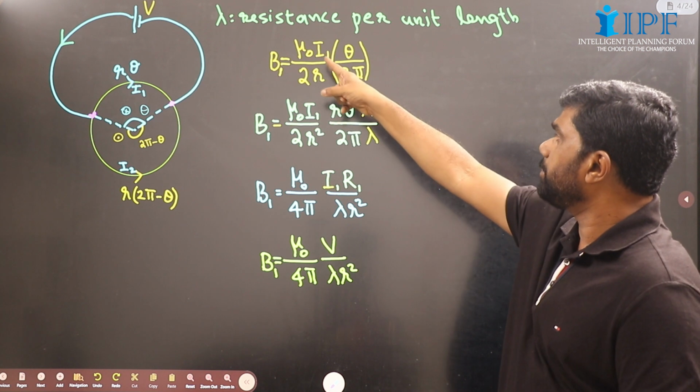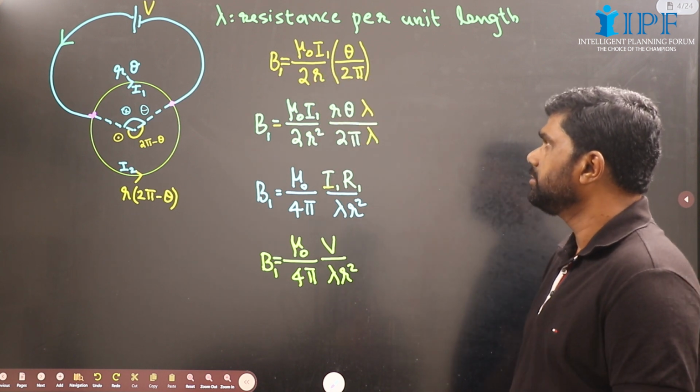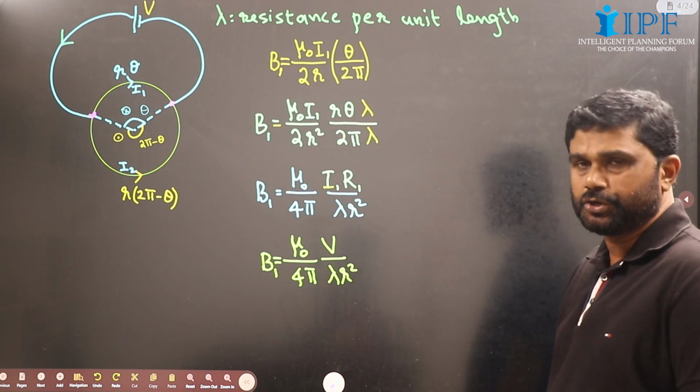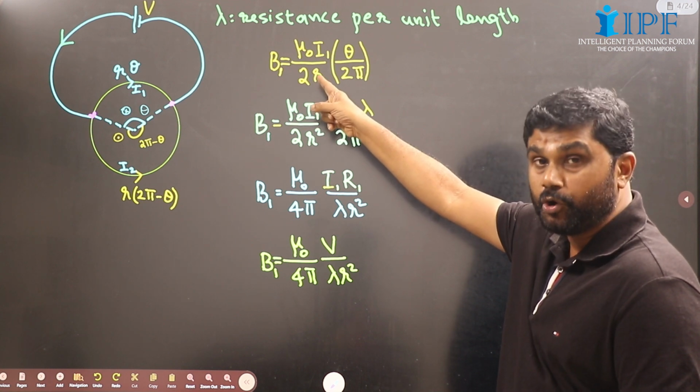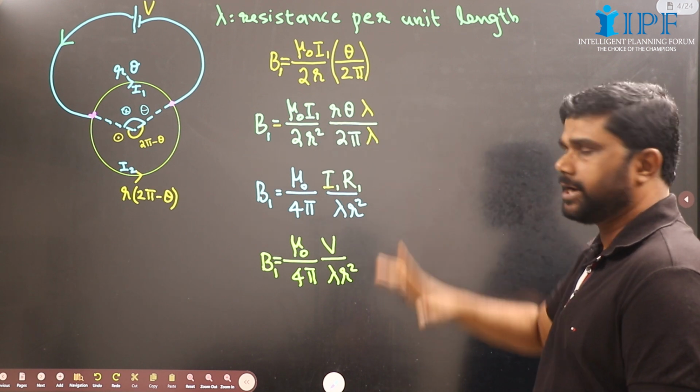So mu 0 I1 is already there, theta also there, and R and lambda will come in the numerator. In the denominator there is already an R; when one more R comes, it will become R square, and here we will get 2 pi lambda, right?